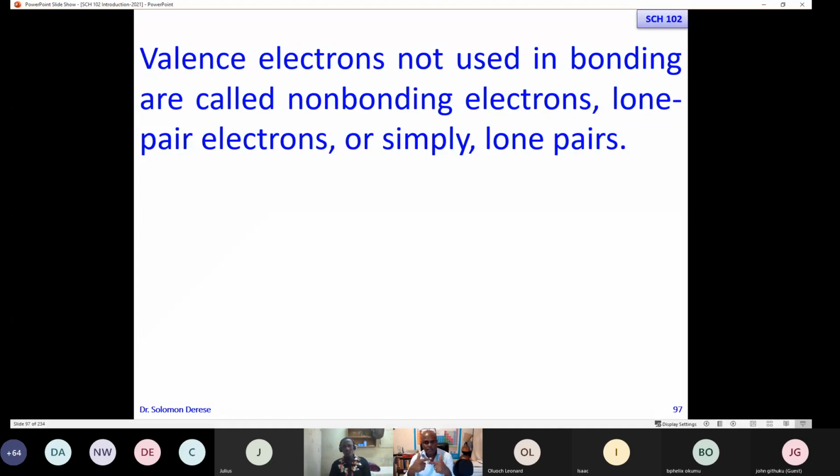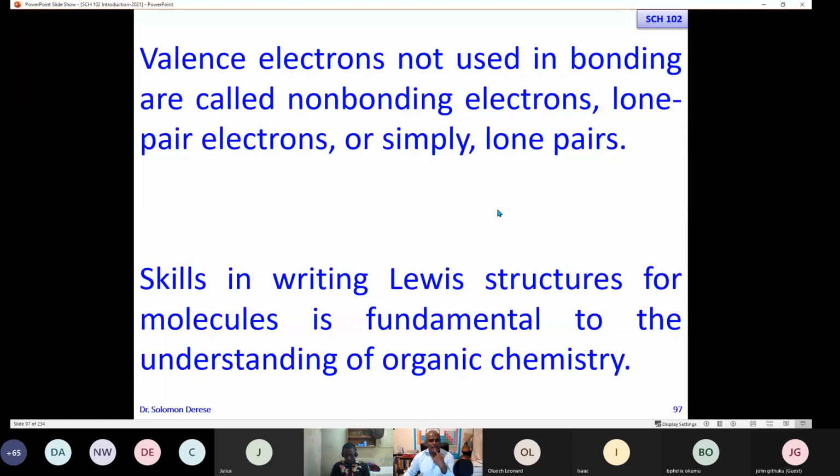One way is in the formation of a bond between 2 elements. Those are called shared electrons, or bonding electrons. But there are electrons that are not involved in chemical bonding. These electrons are called non-bonding electrons, or lone pairs of electrons, or simply lone pairs. We're going to see all this.